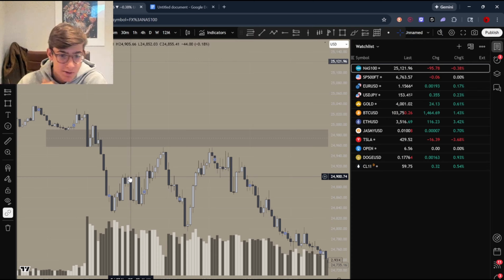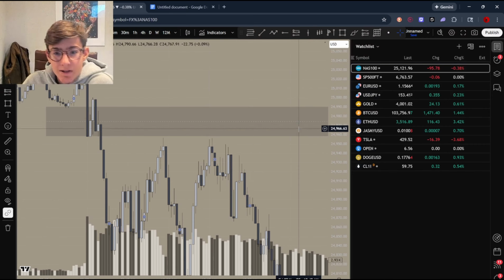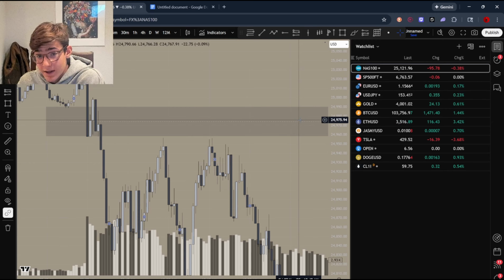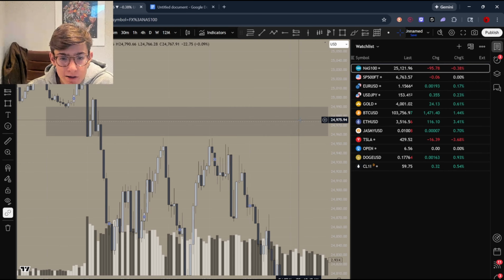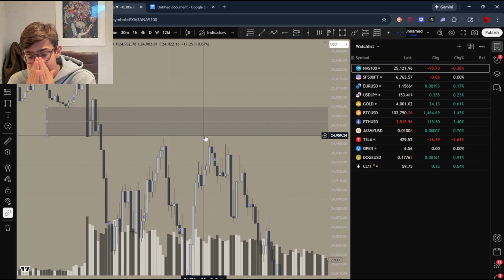Big banks use it in order to basically fill their orders and move the price in the way they want to. So since NASDAQ didn't have enough buying power to reach the fair value gap, that basically means the NASDAQ is weaker than the S&P 500.